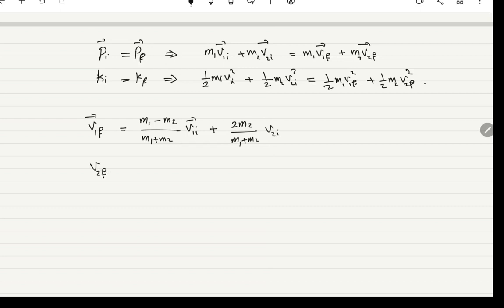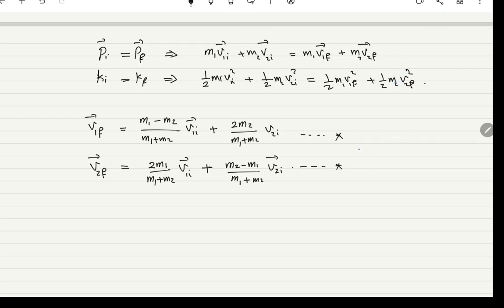And v2 final equals 2m1 over (m1 plus m2) times v1 initial, plus (m2 minus m1) over (m1 plus m2) times v2 initial. In other words, this equation and this one are the solution for these two equations.